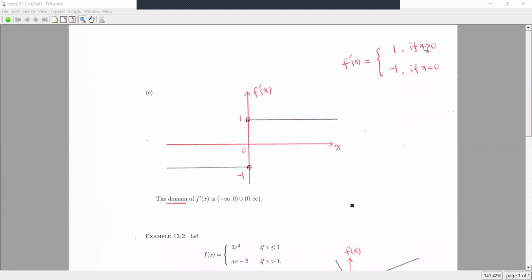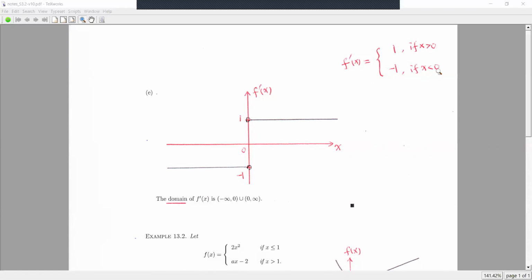So for x greater than 0, the graph of this function is this horizontal line. The height of the graph is function value. The function value when x is greater than 0, always 1. So the graph is a horizontal line. Horizontal line has the same height everywhere.